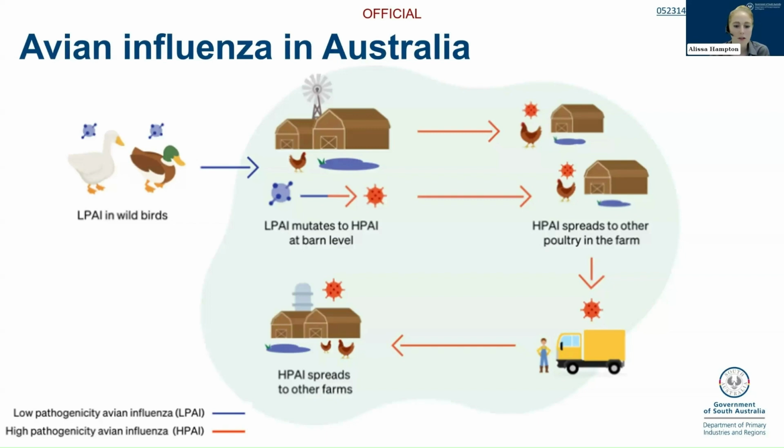So many methods. This is the situation that has been seen previously in Australia and recently interstate, and it is also what they used to see overseas. However, recently mutations have resulted in HPAI, high path, infecting, spreading amongst, and even killing wild birds as well. Next slide.